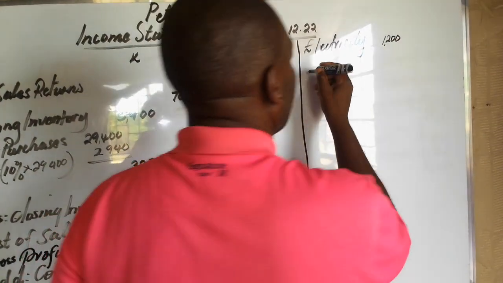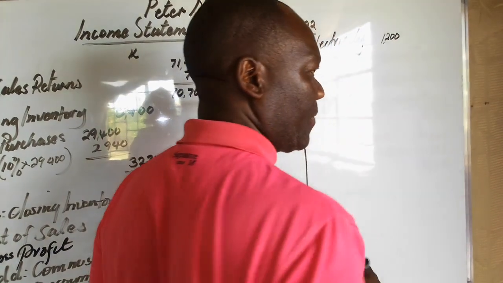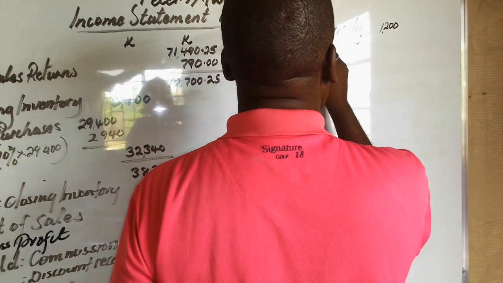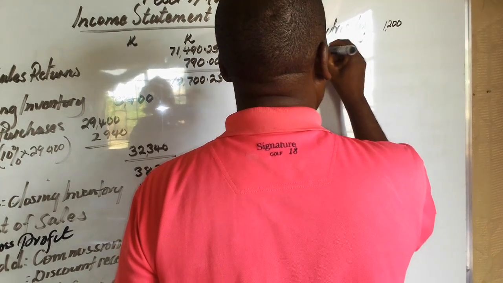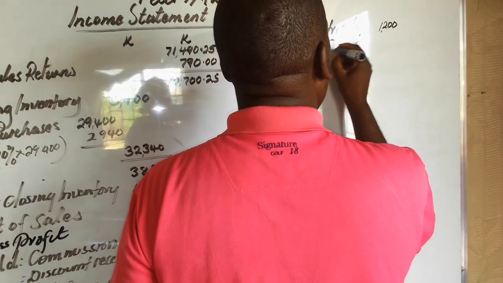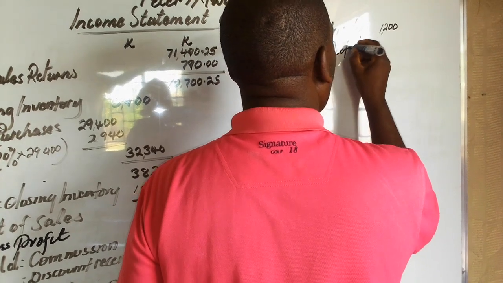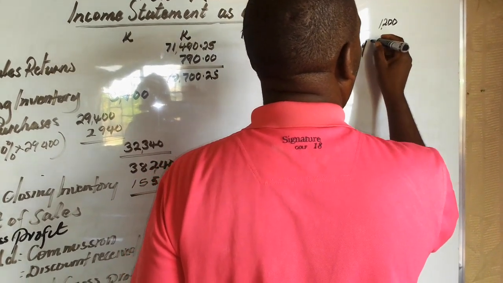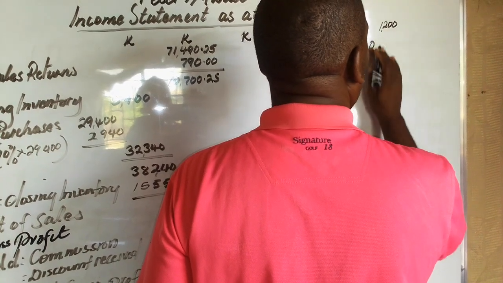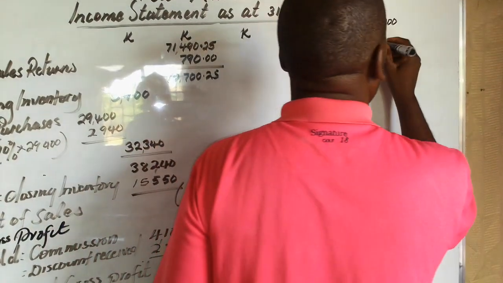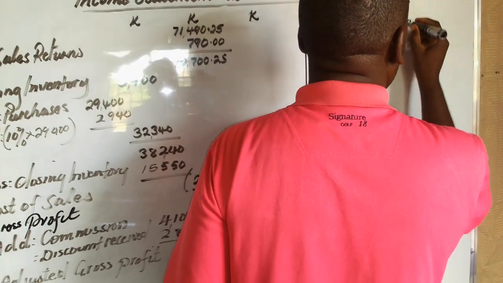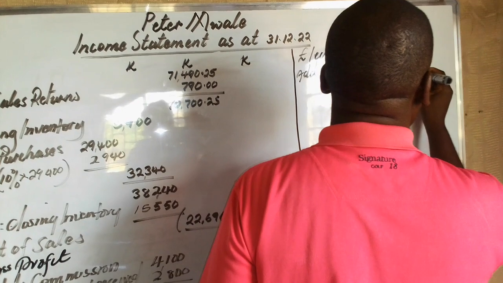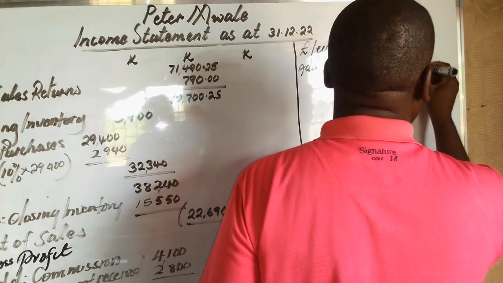So it's electricity owing. This must be added. Electricity owing is 1,400. When we add the two, it gives us 2,600.